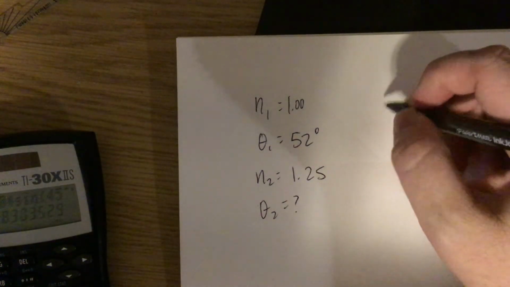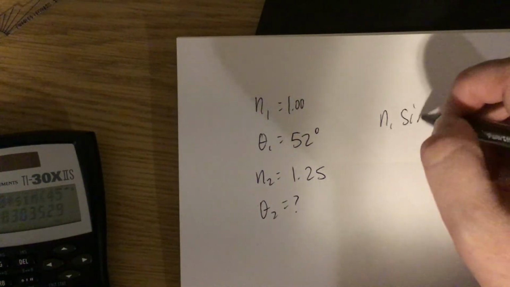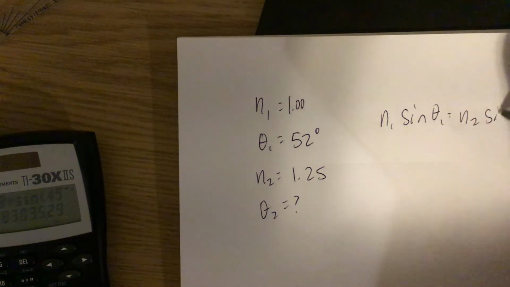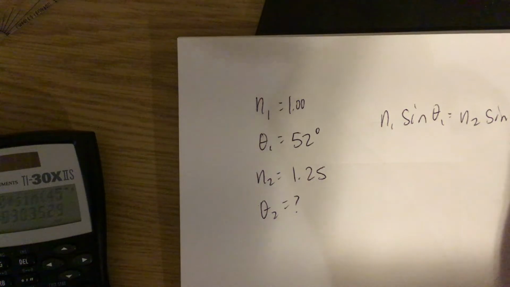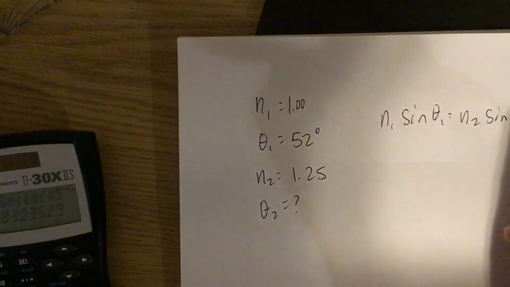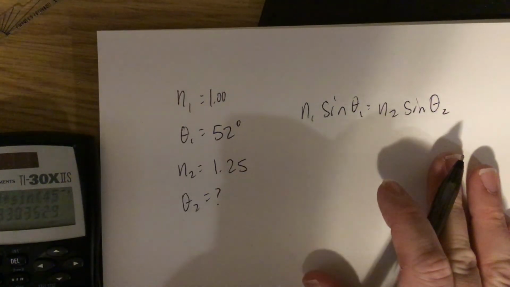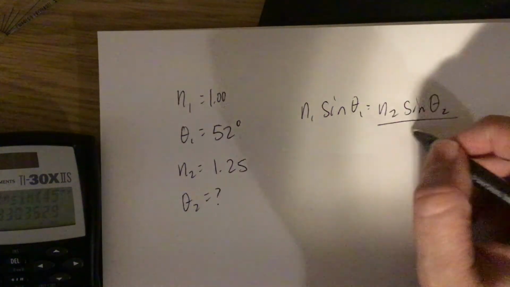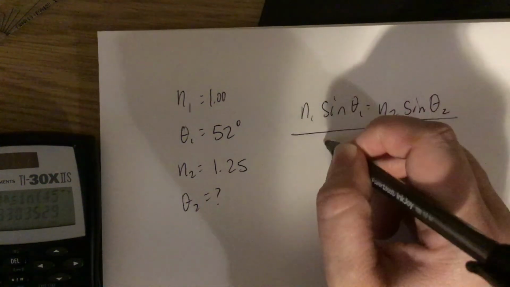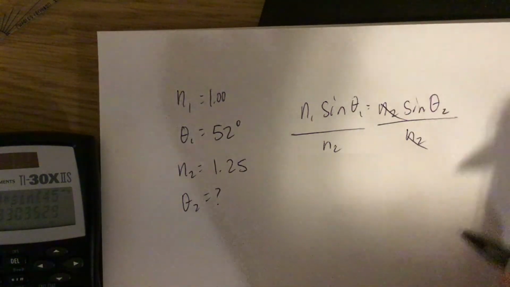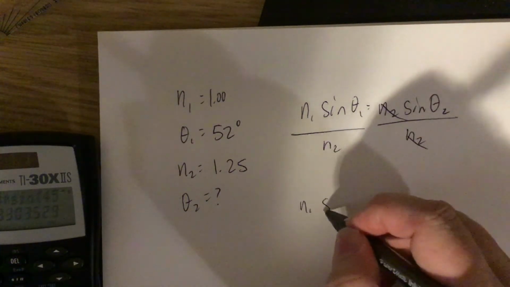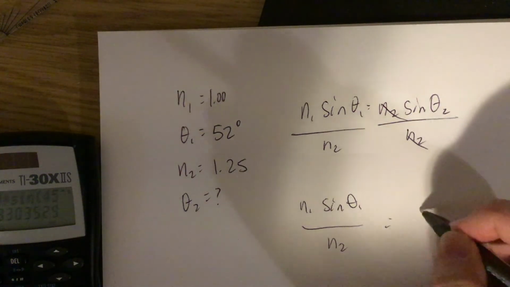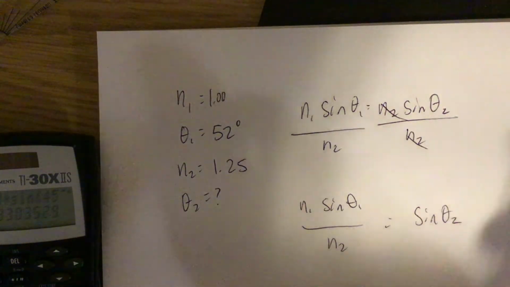Well, we still set up with what we have. n1 sine theta 1 equals n2 sine theta 2. And this time we'll have to solve for theta 2, so it'll have a couple of different steps in it. So the first thing we would do is to divide by n2 on both sides. And when we do that, we get n1 sine theta 1 divided by n2 equals sine theta 2.